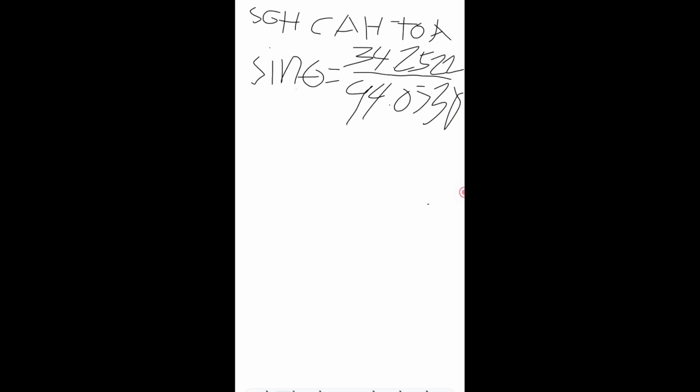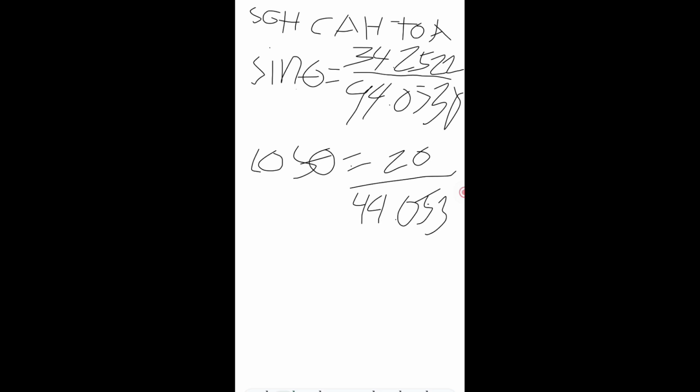And our cosine next. Cos theta is equal to adjacent over hypotenuse. Our adjacent is the given quantity, 20, and our hypotenuse is earlier, 44.0538. Next, our tangent, TOA.